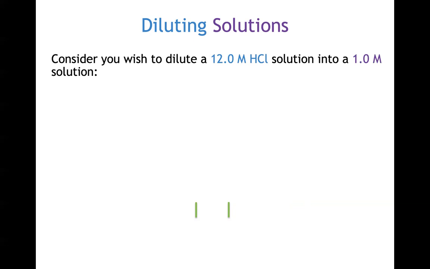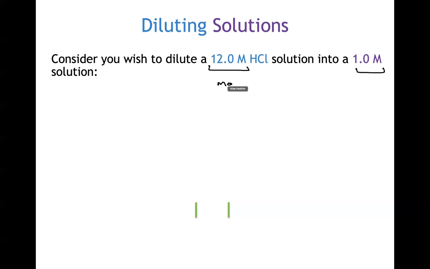Consider you wish to dilute a 12 molar hydrochloric acid solution into a 1 molar solution, right? Again, capital M is molarity, which has units of moles of solute per liter of solution, but when we're actually saying it, we say molar. So we would say a 12 molar solution, right? Which one is more concentrated, 12 molar or 1 molar?